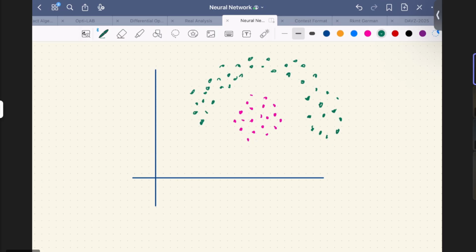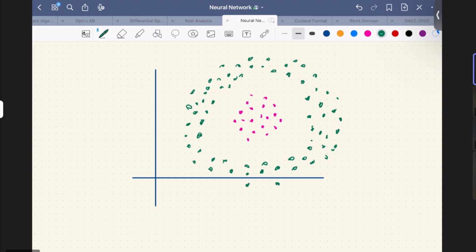Green points are like this. Let me draw some more so that they are enclosing. Let's say like this. Now tell me.